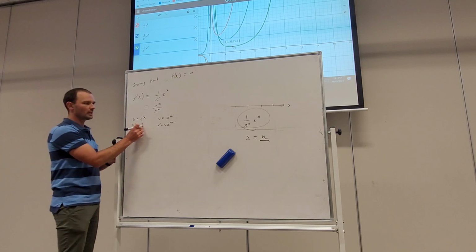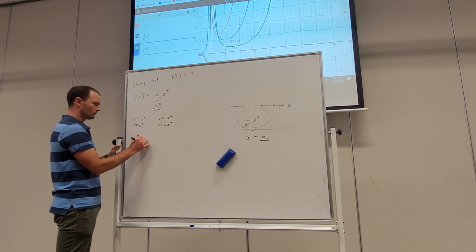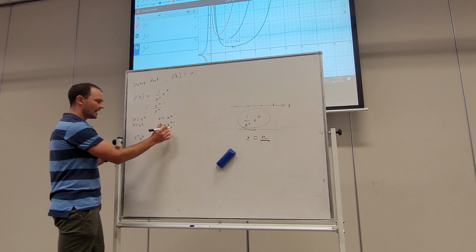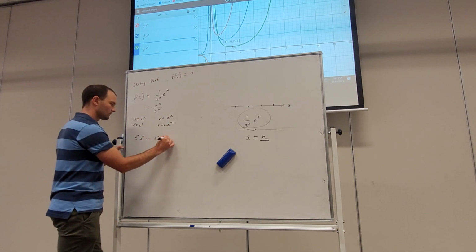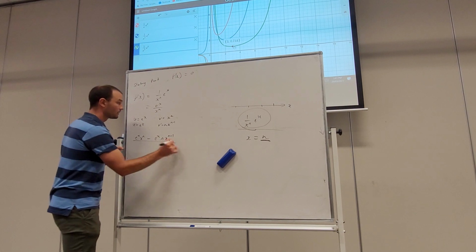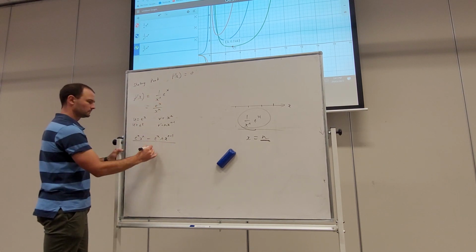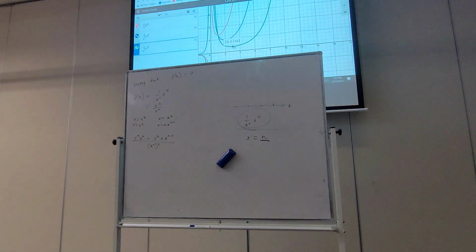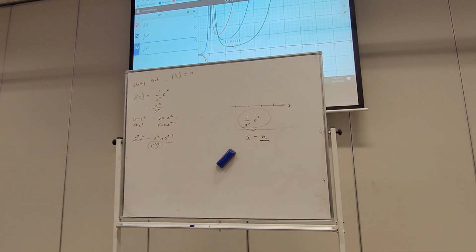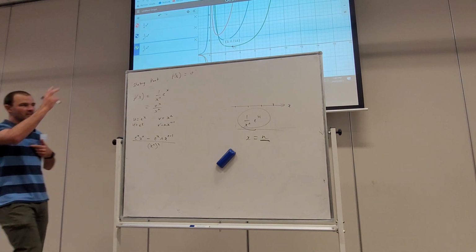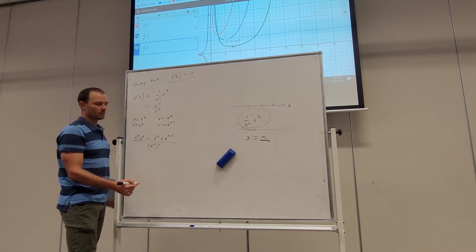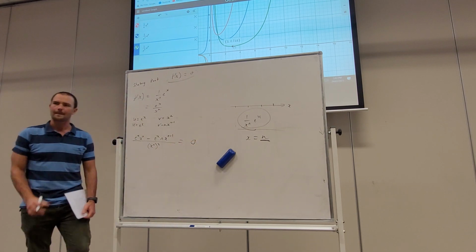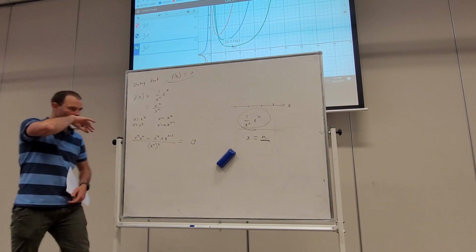Okay, let's smash all of that together. We have u dash v, take away u v dash, on top of v squared. So that's the derivative function. All right, and now we're saying stationary points occur when the derivative is 0. So we want to know what values of x make it equal to 0.